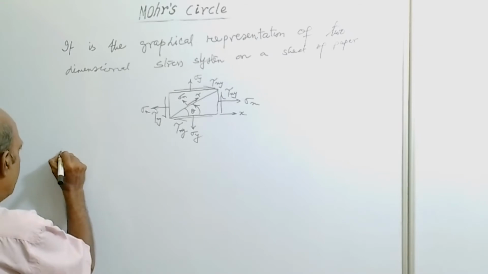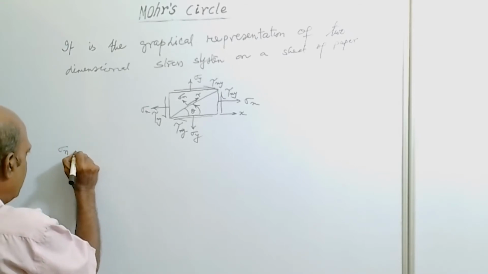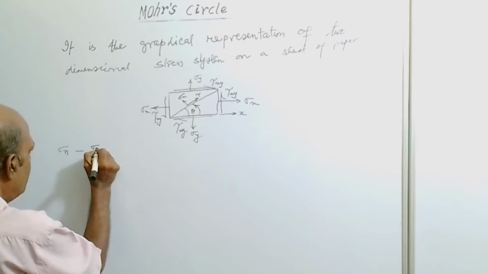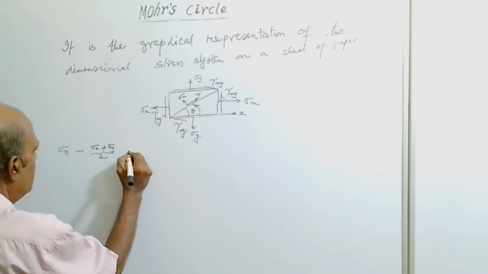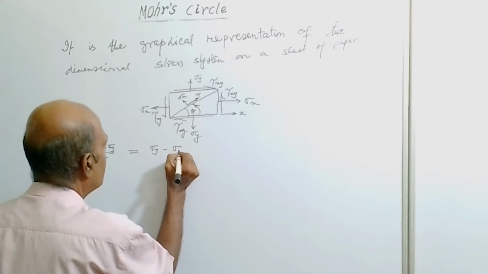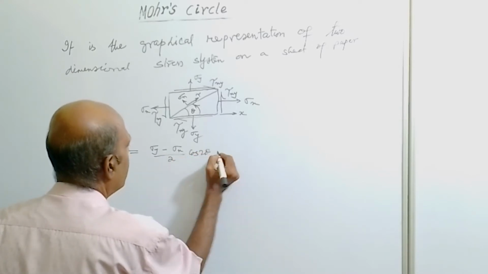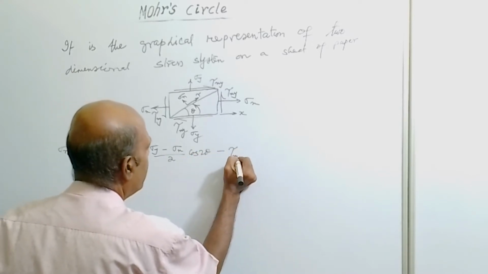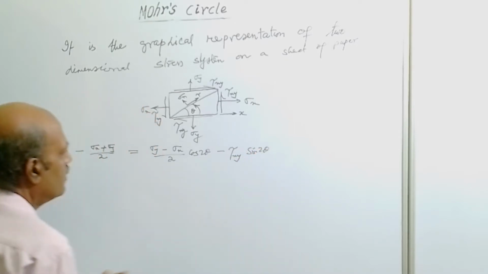For time being, we are considering sigma n minus sigma x plus sigma y by 2. It gives sigma y minus sigma x by 2 cos 2 theta minus tau xy sin 2 theta. So this was the first equation.